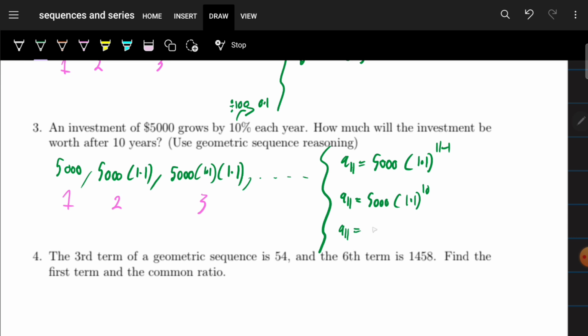Let's see what 1.1 to the power of 10 times 5,000 is. So that's going to be equal to 12,968.71. Okay, so that's going to be how much money this person would have in 10 years.